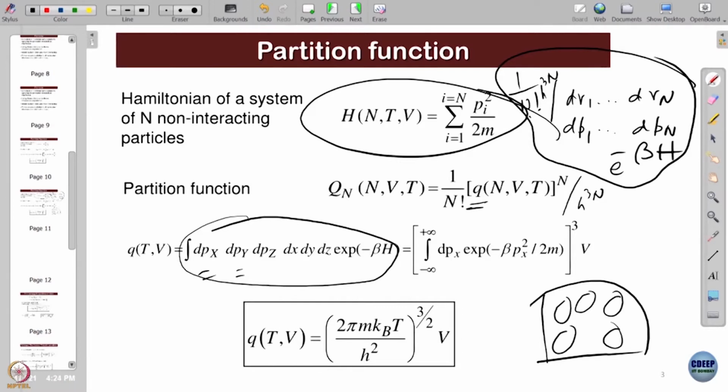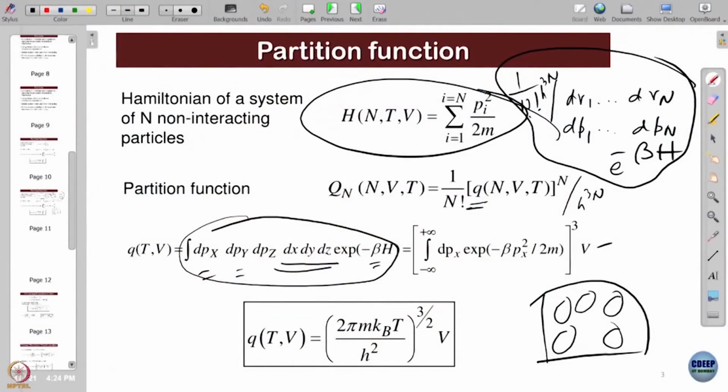Because dx, dy, dz do not appear in beta H, there is no position dependence, I can just integrate over dx, dy, dz and get the volume V. Okay, this is clear that this volume V comes out. Then I have to evaluate this integral, which is a Gaussian integral, and I can do that Gaussian integral.